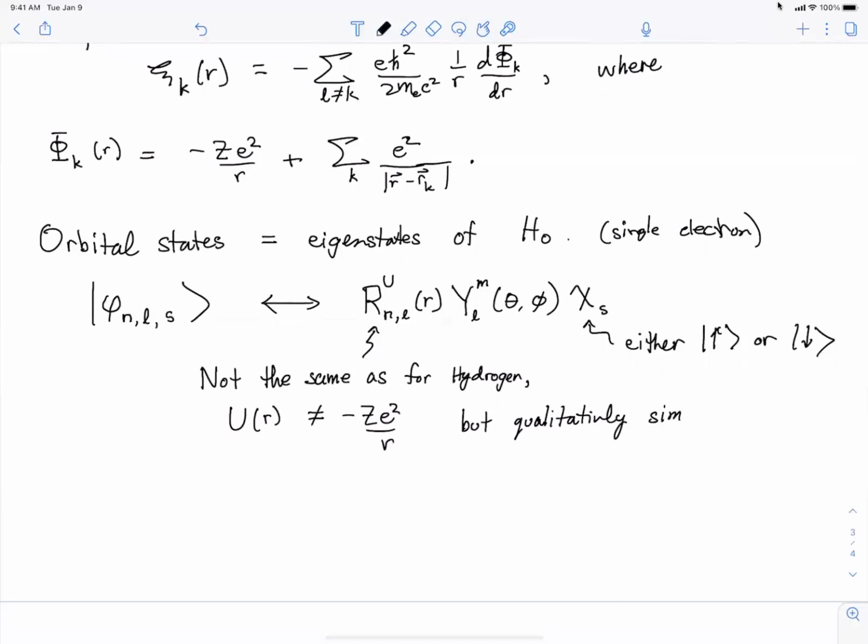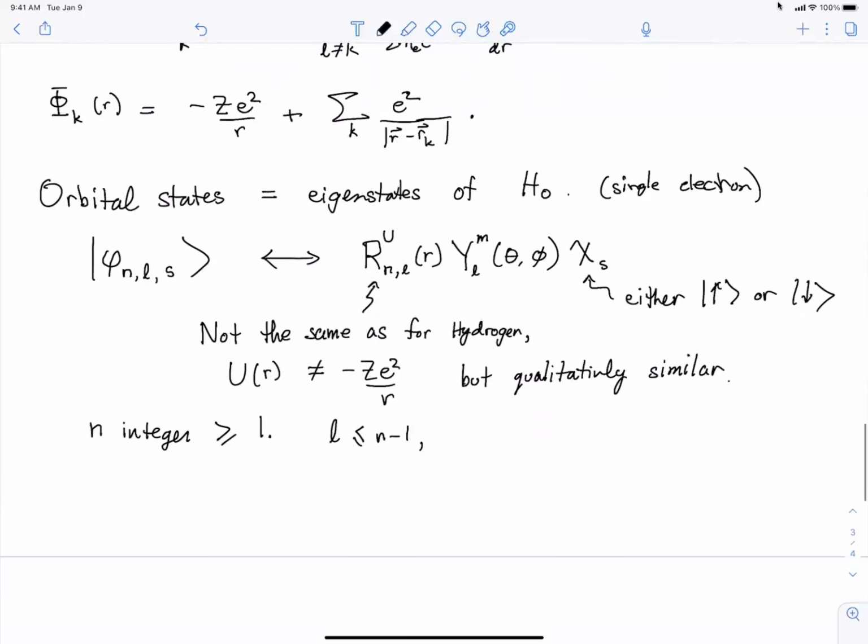And so we can use some of the same terminology to describe these states. In particular, our principal quantum number is going to be an integer, which is greater than or equal to 1. The orbital angular momentum quantum number is going to be less than or equal to n minus 1.